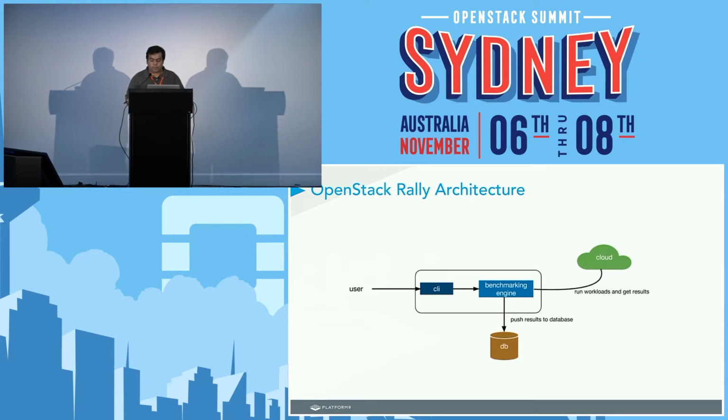When it runs the benchmark on the cloud, it gets the results, and those are stored in the database. This database can be local or can be an external database. As you can clearly see, this is one user environment. You can't really scale it if you want to benchmark 10 OpenStack clouds at a time.